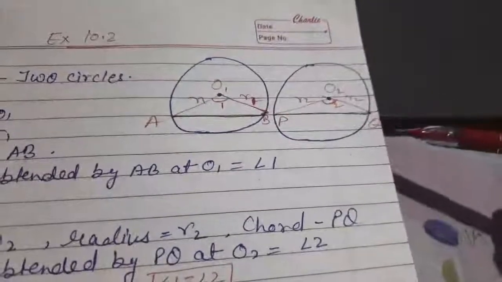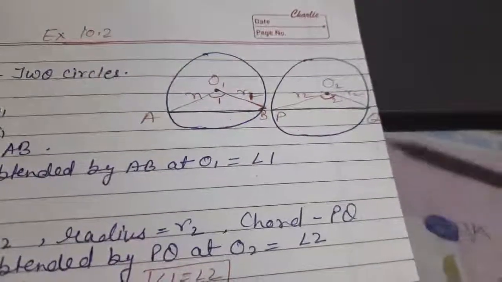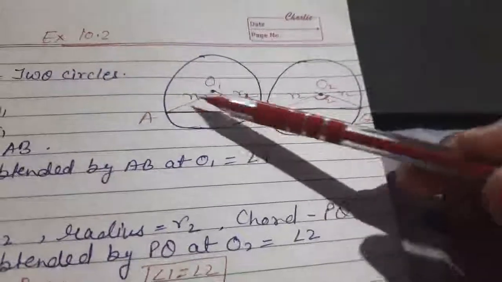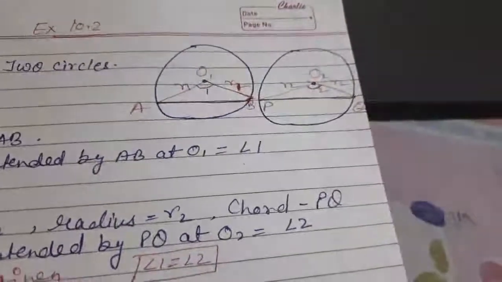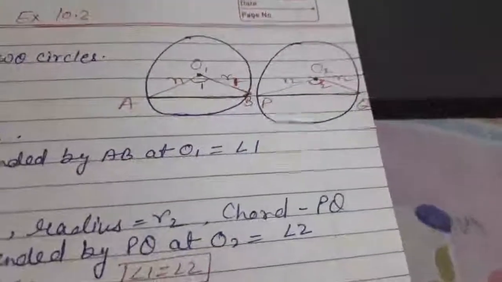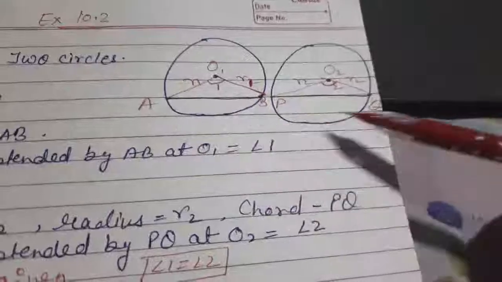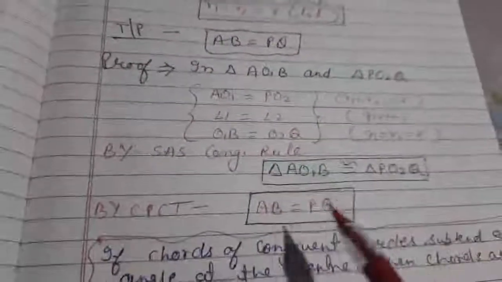It is also given both are radii, and radii are equal. So by side angle side congruency rule, both triangles are congruent, and by CPCT we can say AB is equal to PQ. Okay, so this is the solution.